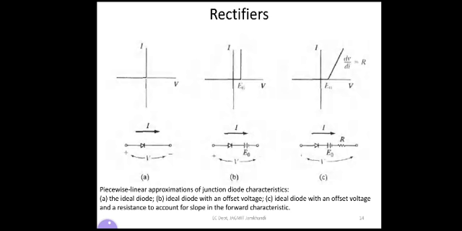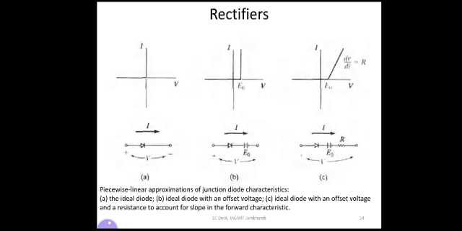Since current can flow only in the forward direction through the diode, the positive half cycle of the input sine wave is passed. In any of the rectifiers you take, what happens there?